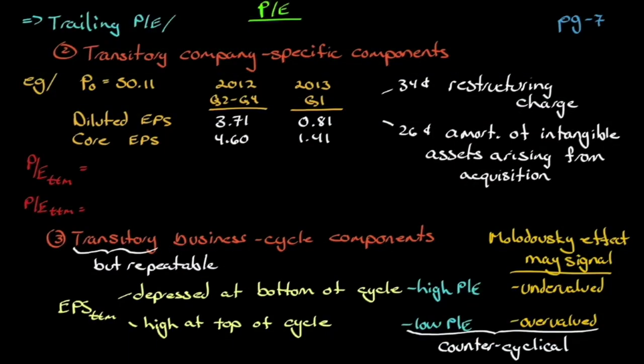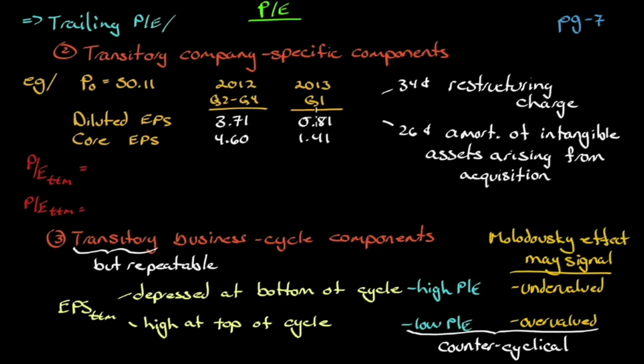So let's look at an example of what that looks like. Let's say that we have a stock, we observe a price of $50.11, and let's say for 2012, quarters 2, 3, and 4 have already been reported, and the company's reported diluted earnings per share of $3.71. We're in 2013 Q1, the company just reported diluted EPS of 81 cents.